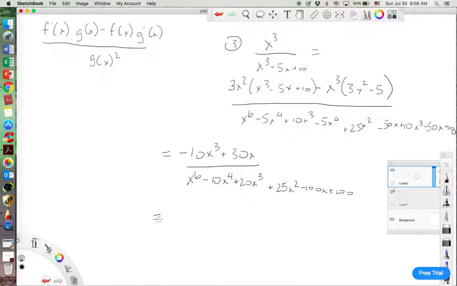And we can factor the top part a little bit. We get negative 10x times x squared minus 3, all over that big messy bottom part. We could probably factor this a little bit, but that is a pretty complicated situation to take care of by hand right now. And in the end, we might not be able to factor it, so we'll just leave it as it is. Okay, there's our simplified answer.